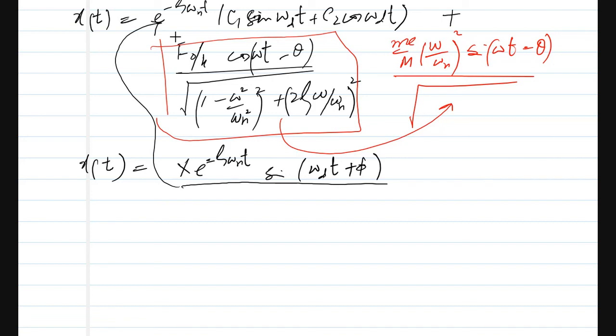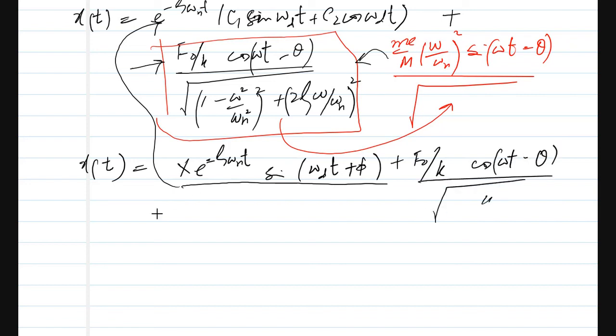But for the particular solution, in case of a generalized force it can be like this, but in case of rotation unbalance, you can replace the f naught over k term with the m e over M term. Just for a generalized case, we have used this solution here: f naught over k cos of omega t minus theta divided by the same square root.